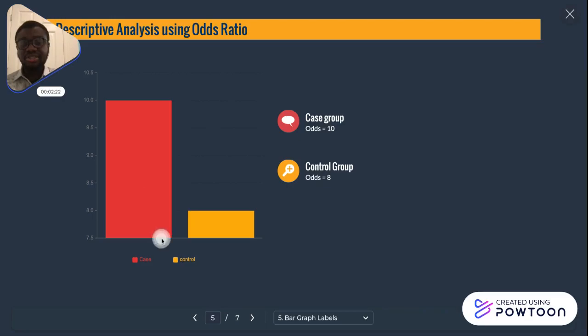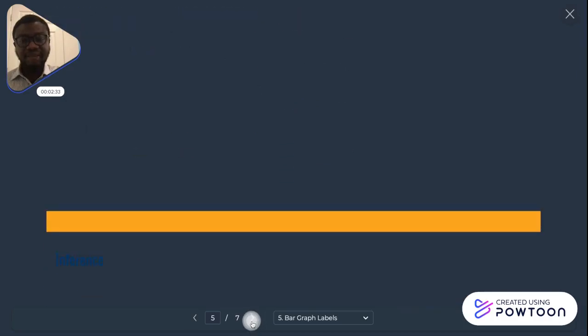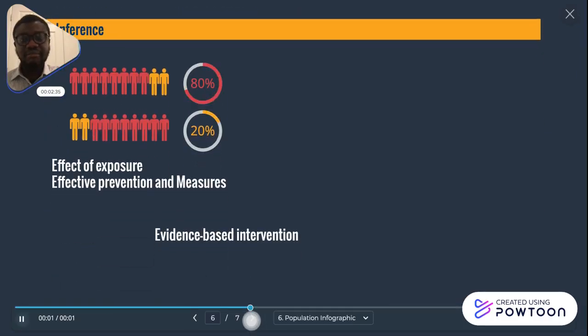We can see from this chart that the case group has an odds ratio of 10 compared to the control group with an odds ratio of 8. Having these results, the inference was that 80% of the population were affected compared to 20% of the population that weren't affected with asthma at all.